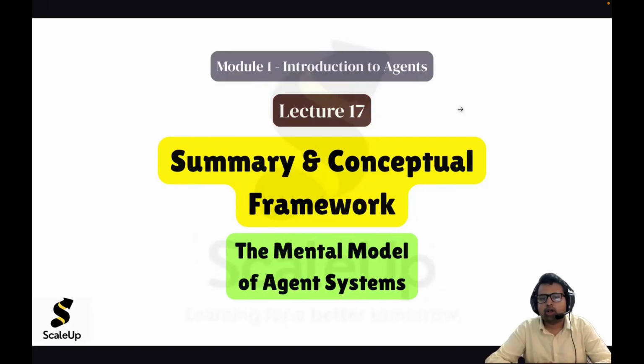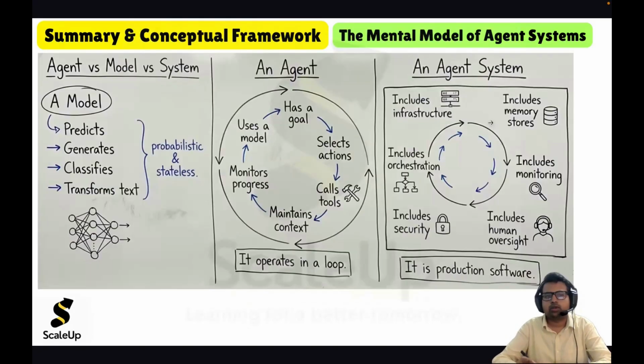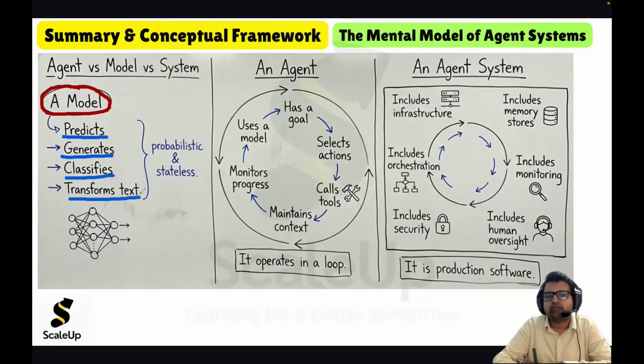The mental model of agent systems. If we look at the difference between a model, an agent, and a system: a model is the foundation model, the large language model. We are already aware that a model has intelligence with it. It can predict, generate natural language responses, classify, and transform text.